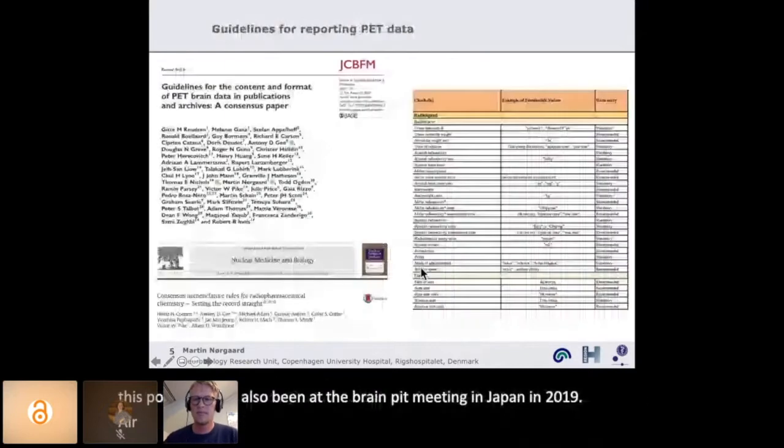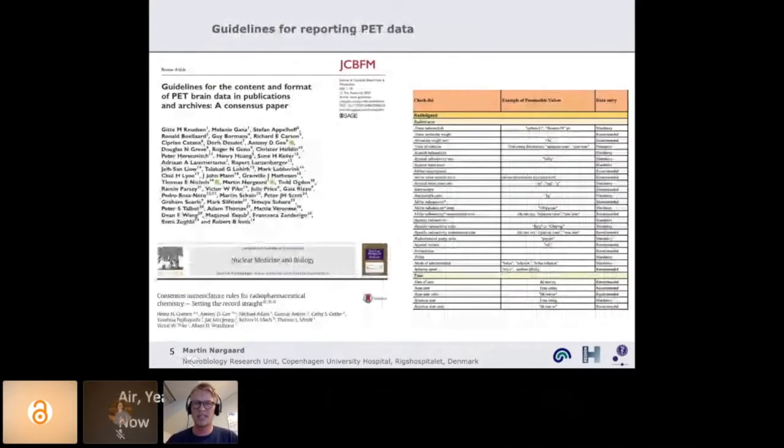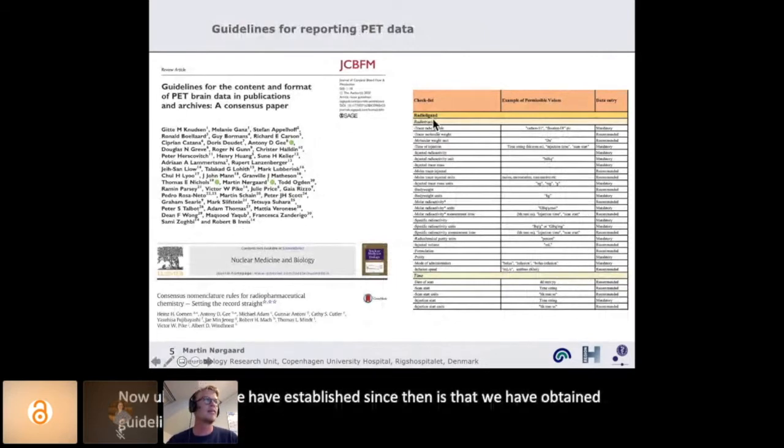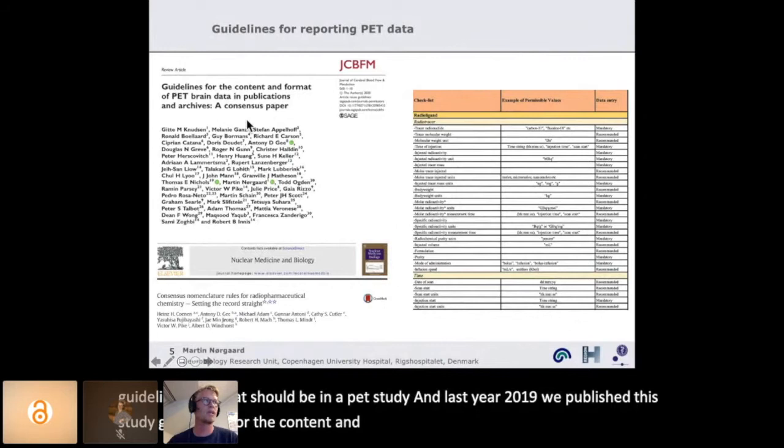Now, what we have established since then is that we have obtained guidelines for what should be in a PET study. Last year, in 2019, we published this study, guidelines for the content and format of PET brain data in publications and archives, a consensus paper.